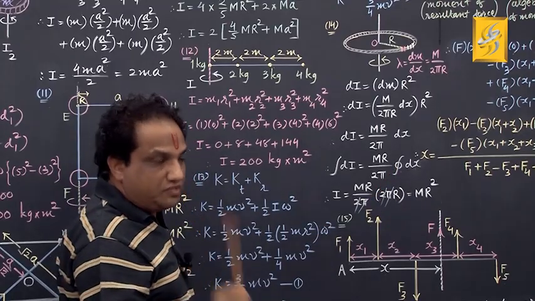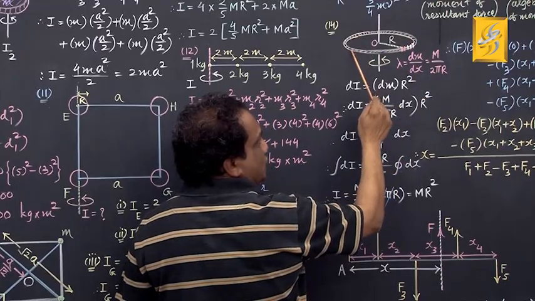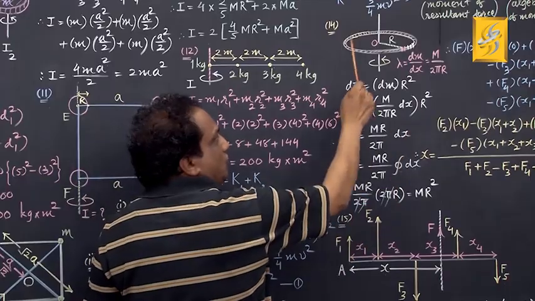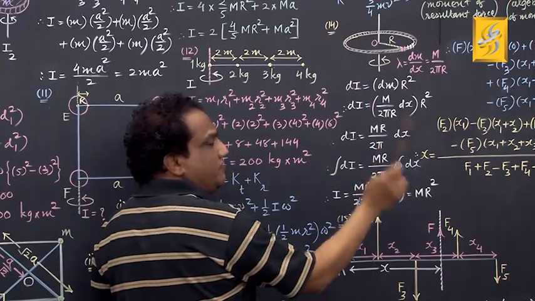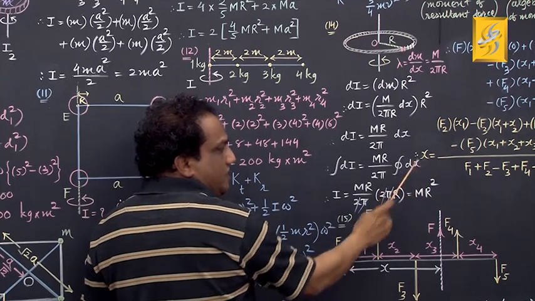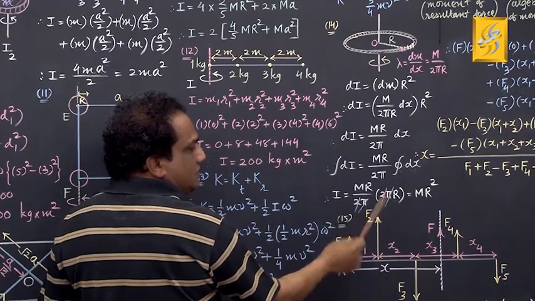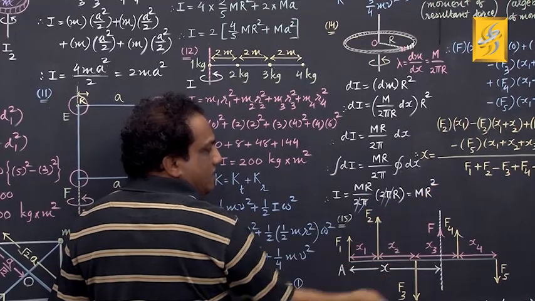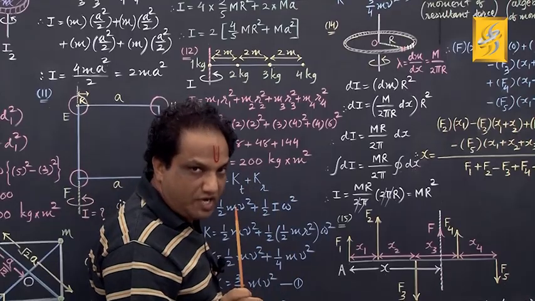Closed integration of dx means summation of lengths of all the length elements chosen over the circumference of the ring, and that would give you the total length of the circumference, and the total length of the circumference of a circle with radius r is how much? 2 pi r. 2 will cancel, pi will cancel, so M is as it is, r into r, that is r square. I equals MR square.